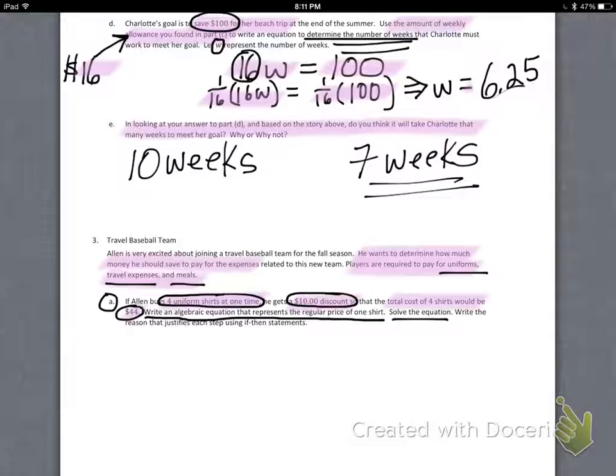You have the total cost, you know how many shirts he's going to buy, and you know his discount. What we're trying to find is the regular price of one shirt. This is what we're trying to solve for. So go ahead and come up with an algebraic expression or equation, solve it, and come on back.